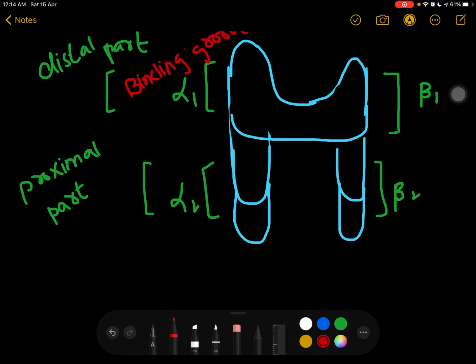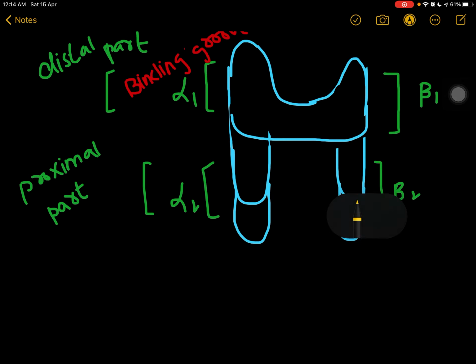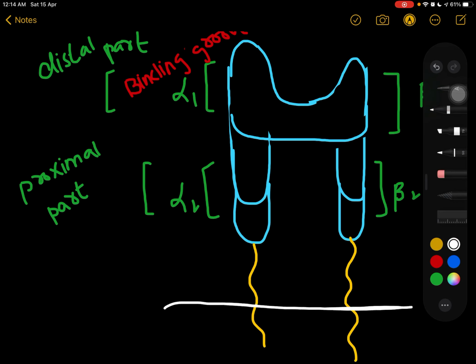Okay, let us make the transmembrane. Basically it's like this, and this is the transmembrane domain.